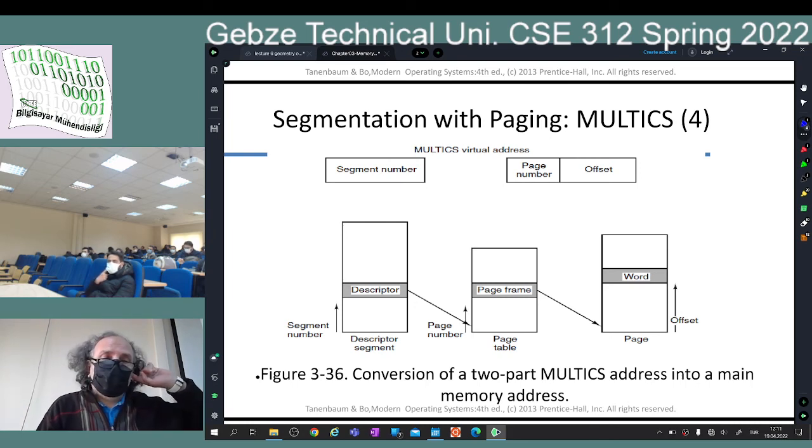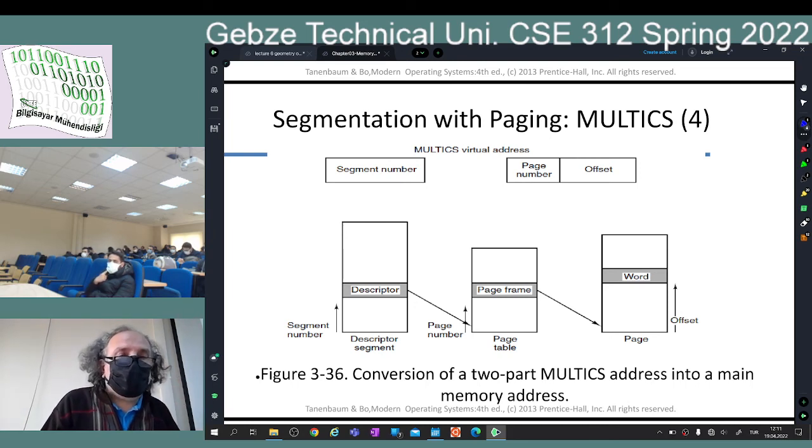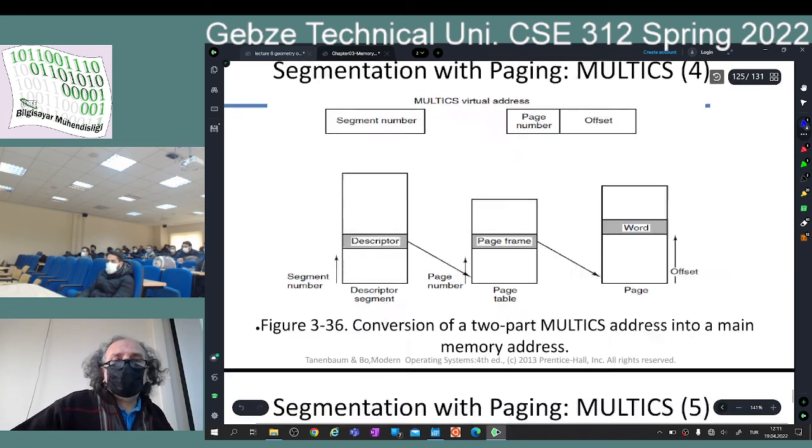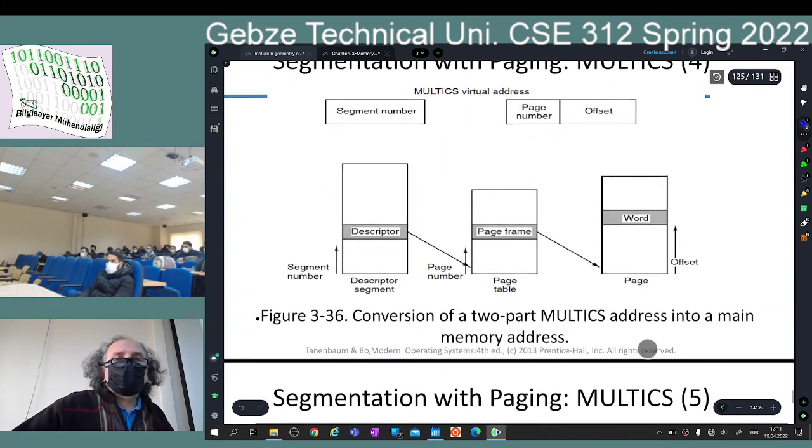Of course, this is going to get slow, as the segment descriptors and the page tables are getting larger and larger. So they had to invent the TLB, kind of a hash table, kind of an associative memory, to help us do this in real time without going to the main memory. So this architecture was very influential.